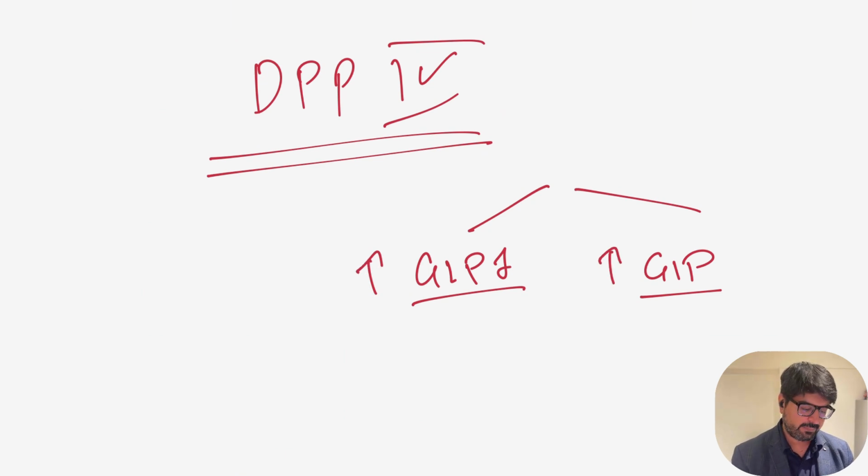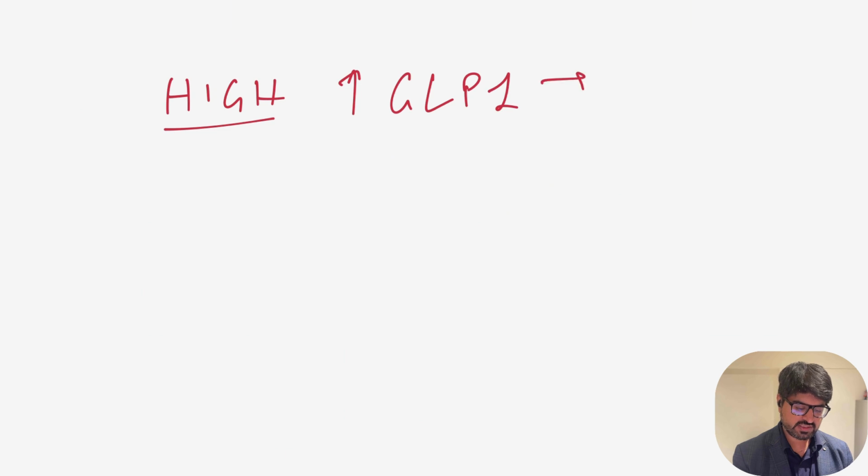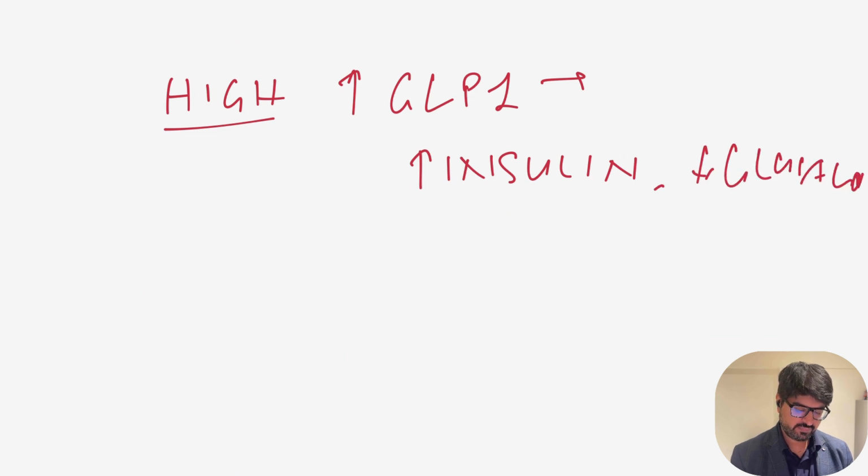Now what happens with this GLP-1 and GIP? Okay, so when the blood sugar is high, let's say the glucose values are high, there is increased GLP-1 secretion, and this GLP-1 basically increases insulin secretion and it reduces glucagon secretion. Okay. But when the blood sugar is low, GLP-1 basically does nothing.